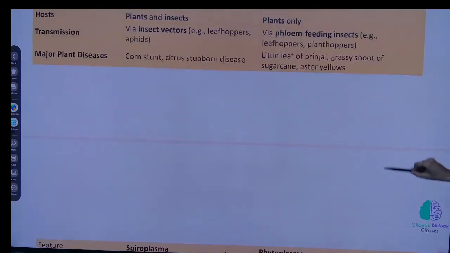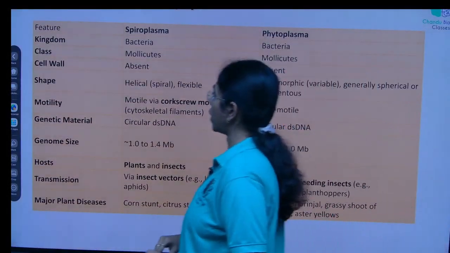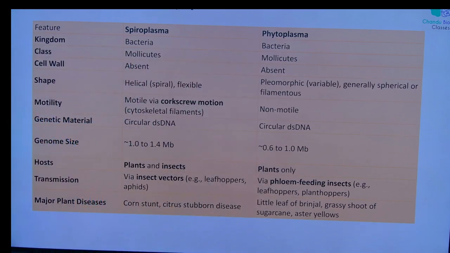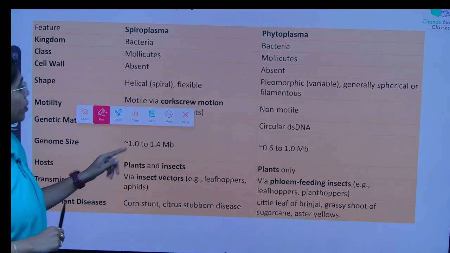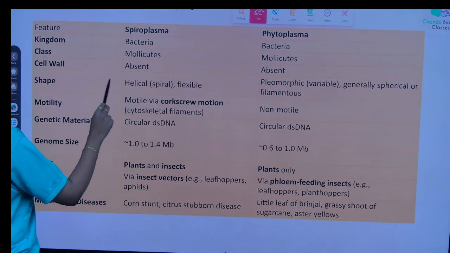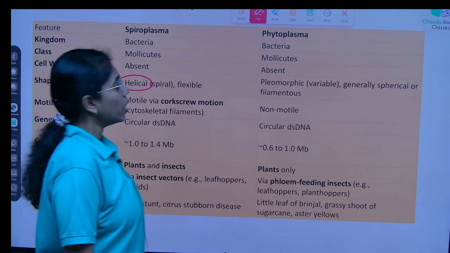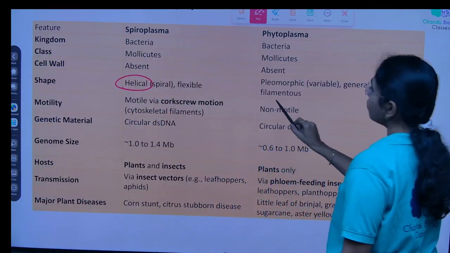Fine, right? Last we will end up with the differences of spiroplasma and phytoplasma. Both belong to the bacteria only. Class is Mollicutes. Cell wall is absent. Spiroplasmas are helical in shape, phytoplasmas are pleomorphic, usually spherical or filamentous.